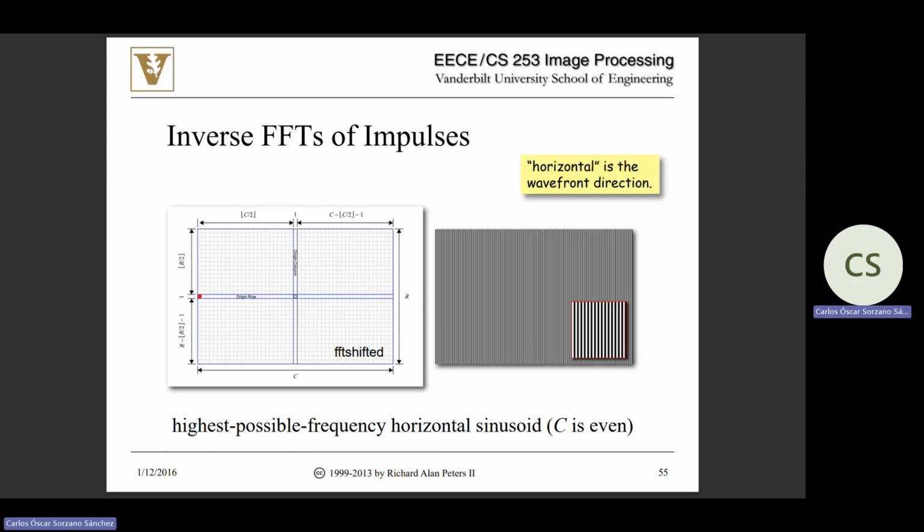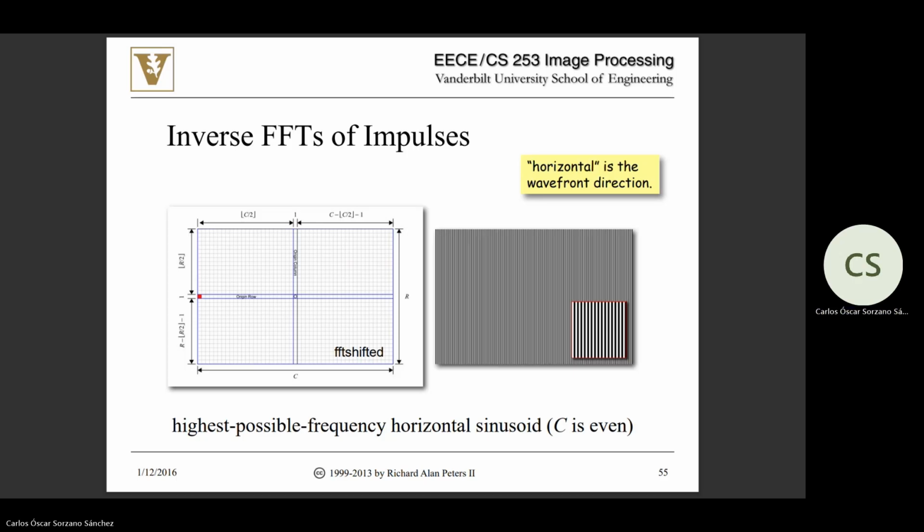Let's put just one delta there and see how the image looks. This is the origin, and this is minus pi. Do you agree? This frequency is minus pi, and the index is minus the number of rows or columns divided by 2. Very good.